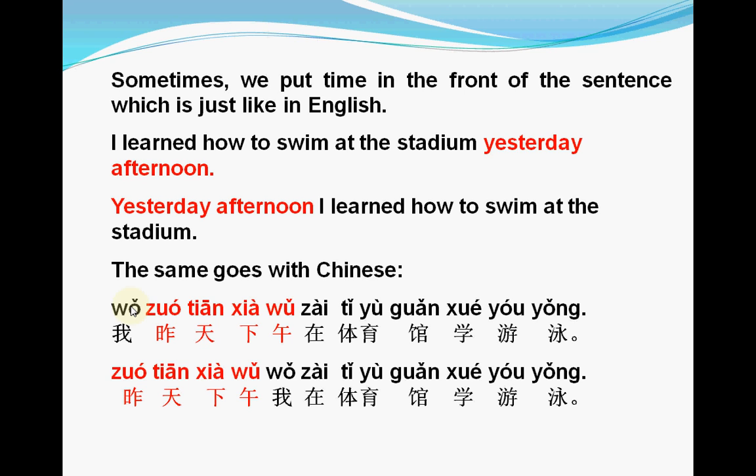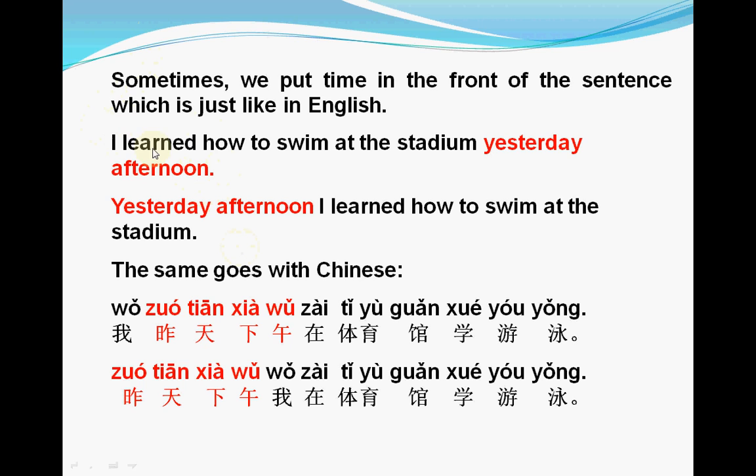Okay, sometimes we put time in front of the sentence, which is just like in English. For example, in English, we can say, I learned how to swim at the stadium yesterday afternoon. But we also can say, yesterday afternoon, I learned how to swim at the stadium. The same thing goes with Chinese, okay?